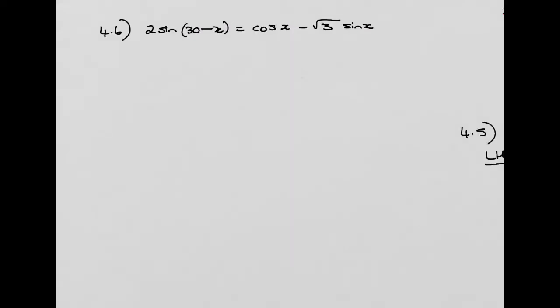Alright, the last question for this video is 2 sine(30 - x) is equal to cos x minus root 3 sine x. So I'm going to still start with the left-hand side because I can see a compound angle that I can expand, and it's going to have some special angles which will hopefully get me my root 3 on the right-hand side.